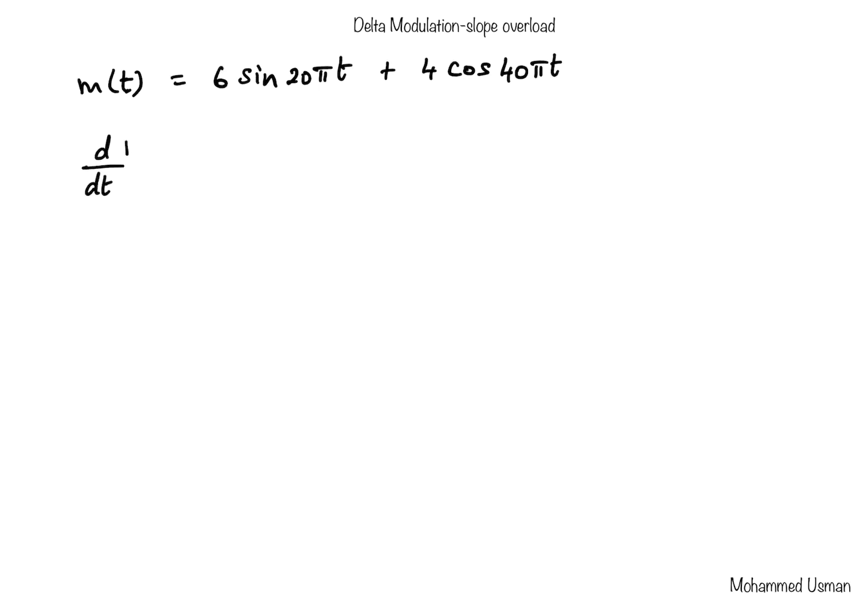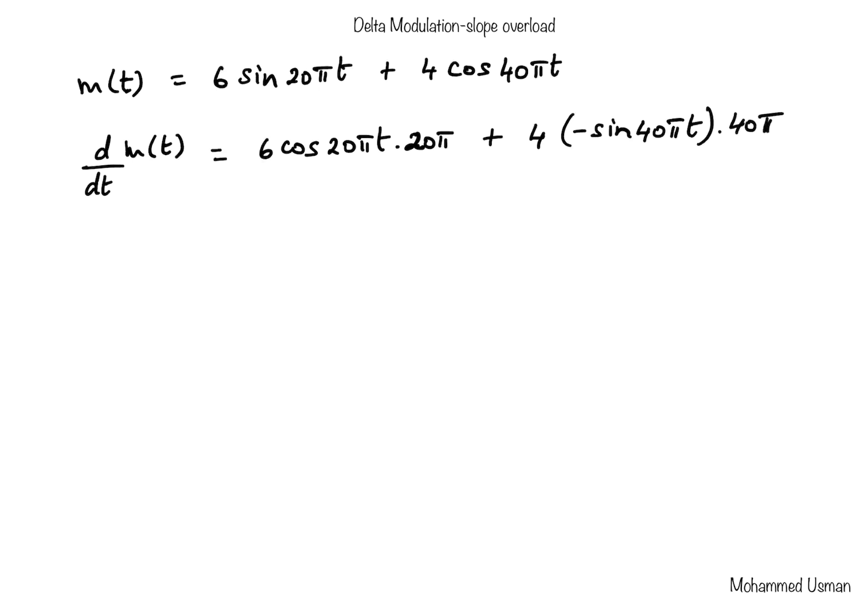So d by dt of M of t. So we want to differentiate this. So it will be 6 into differentiation of sine is cosine 20 pi t into 20 pi, right? Because derivative with respect to t, plus 4 derivative of cosine is minus sine, that's 40 pi t into 40 pi.